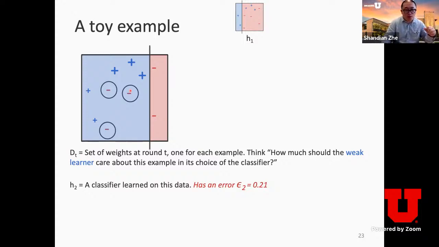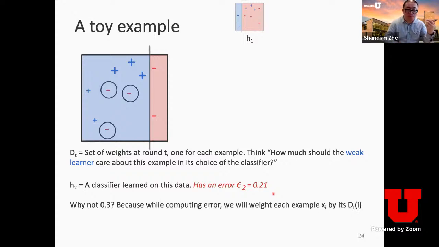So basically, after the previous round of learning, we have downweighted those examples because they were all correctly classified by H1 in the first round. So we don't view them as that important. Now, in the second round, H2 correctly classifies those examples misclassified in the first round, but misclassifies some examples which were correctly classified in the first round. That's why we got a smaller error, 0.21.